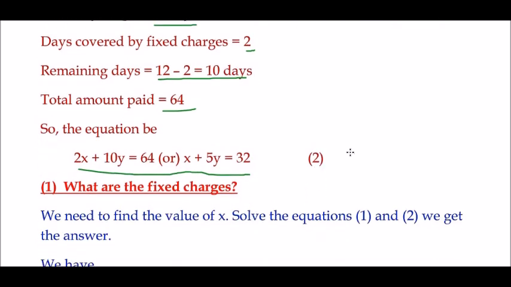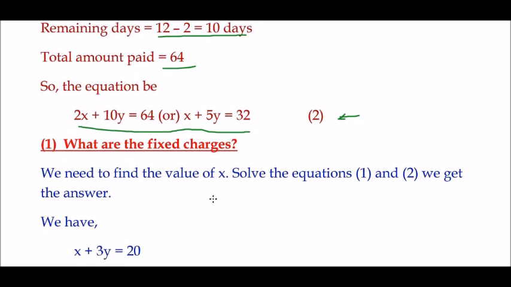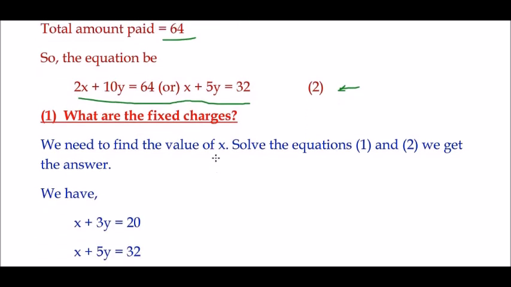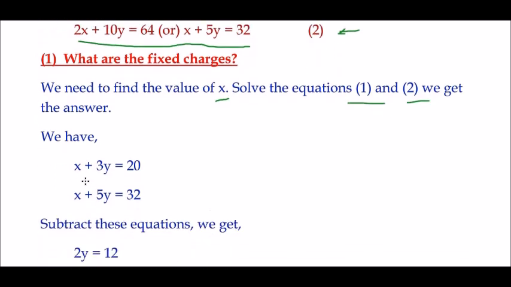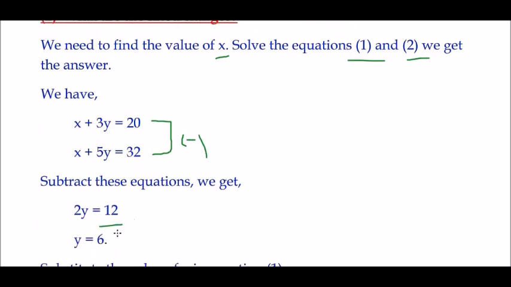Now, moving on to the first question, what are the fixed charges? So we need to find the value of x. Solving equations 1 and 2, we get the answer. We have x plus 3y is equal to 20, x plus 5y is equal to 32. Subtract these equations, we get 2y is equal to 12, y is equal to 6.